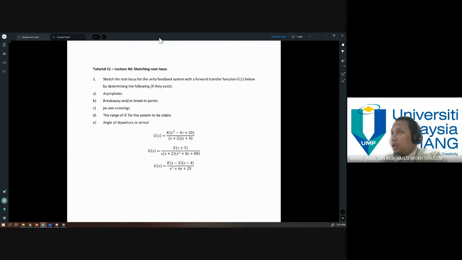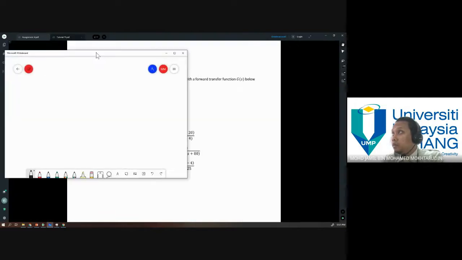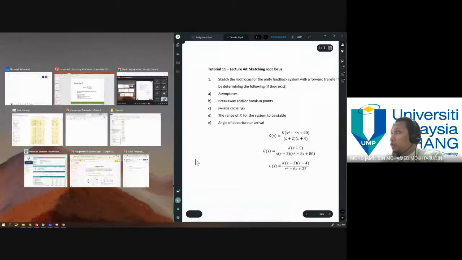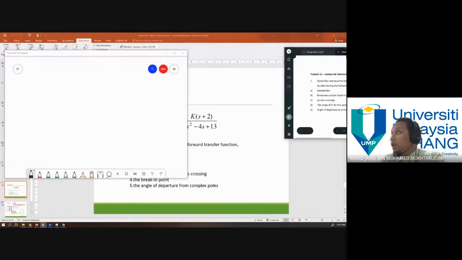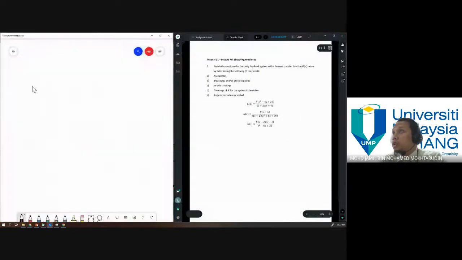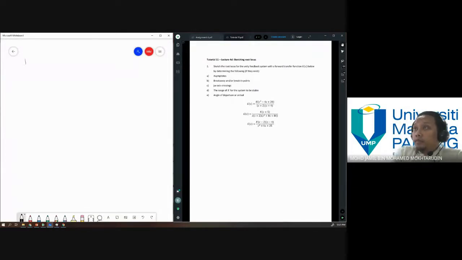Okay, so let's do tutorials related to sketching root locus, tutorial number 11. So before we go to this tutorial, let's recap a bit about the properties of root locus.